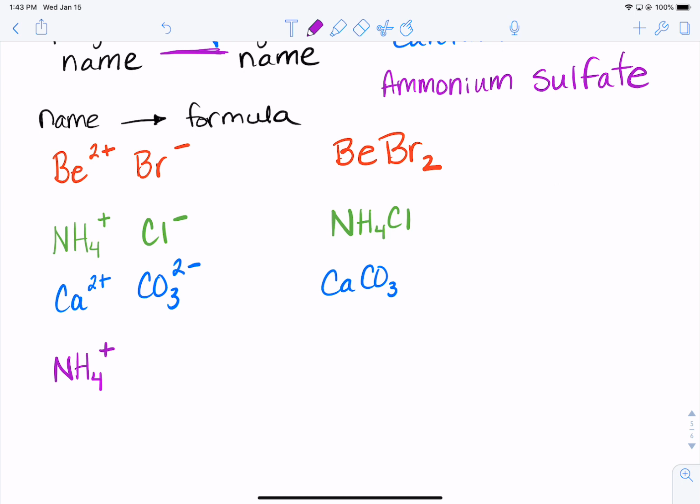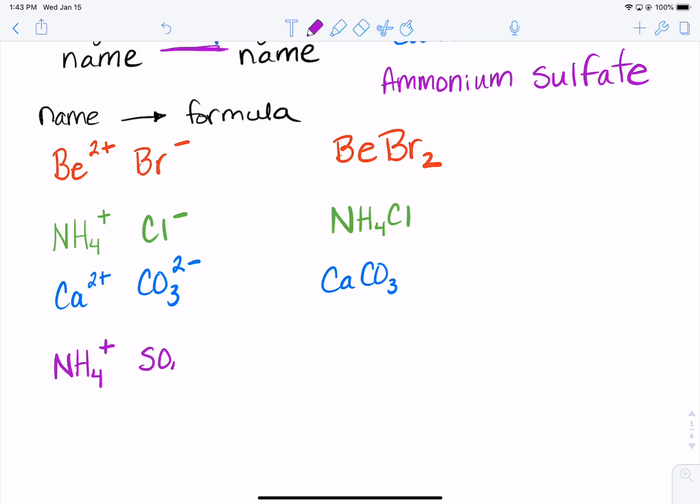Can you find it on there? SO4. What's the charge? -2, yeah. How many ammoniums do I need to cancel out my sulfate? I need 2. So how do I write that?